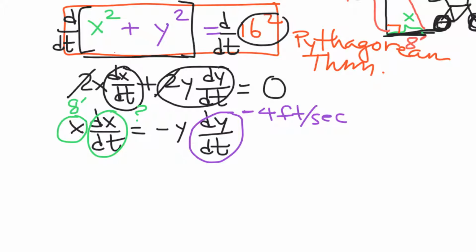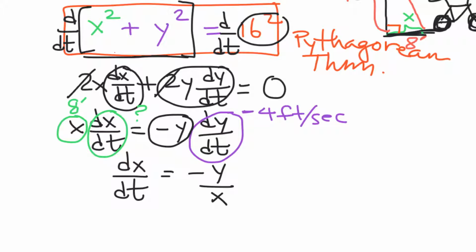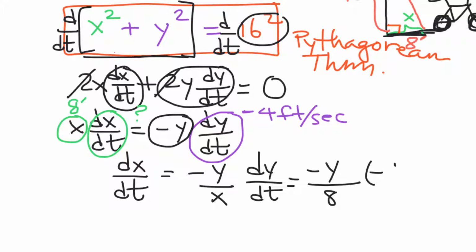So it looks like we can go ahead and solve for dx/dt. The only thing missing here is y. So we have dx/dt is minus y over x, dy/dt, dividing both sides by x. We still don't know y, but we know x is 8 and dy/dt is minus 4.